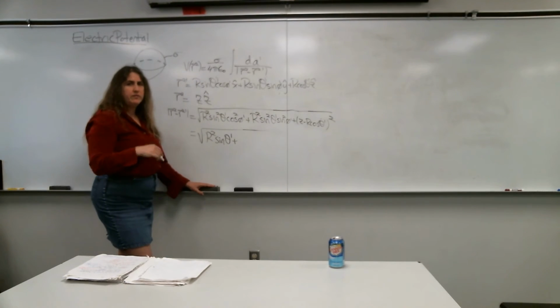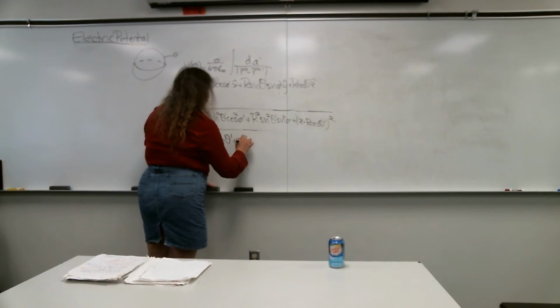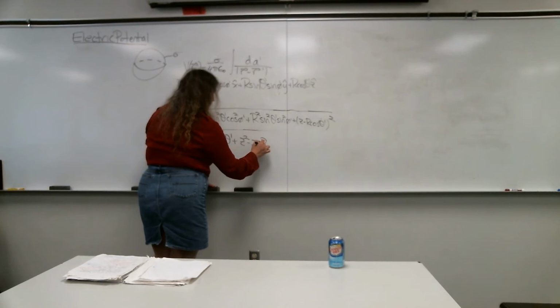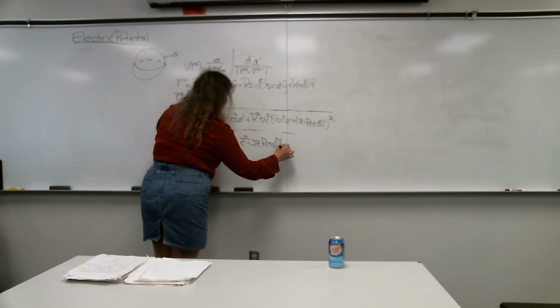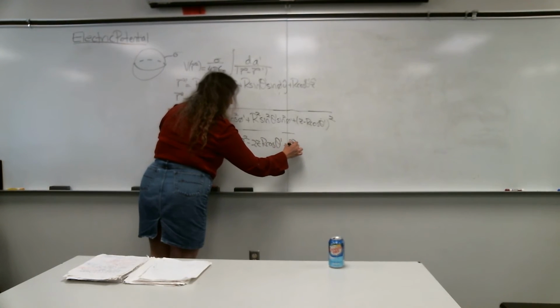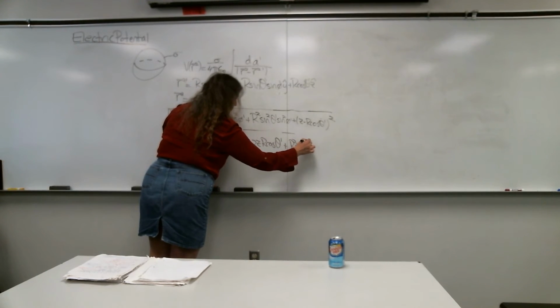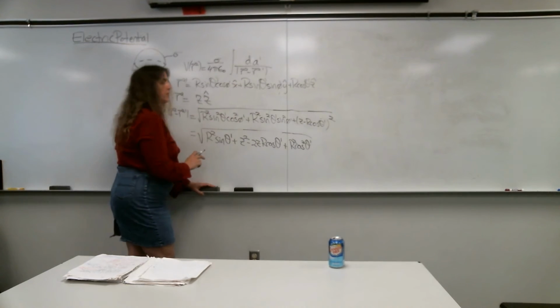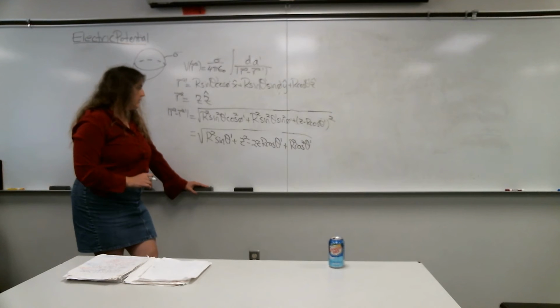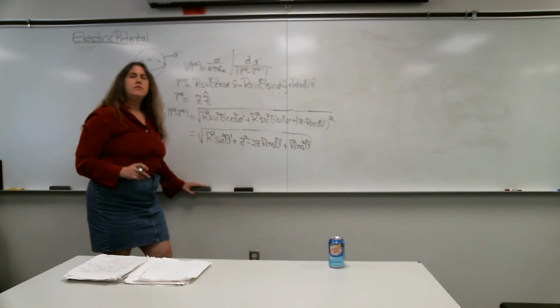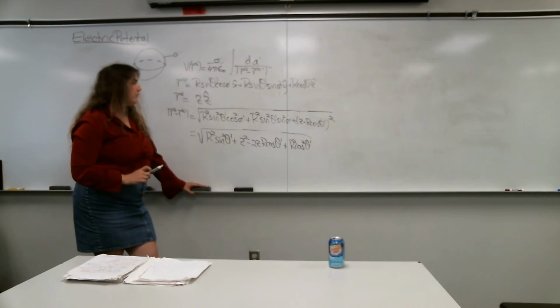And multiplying this second term out, notice my first term has a factor of r squared sine squared theta prime, and the last term is r squared cosine squared theta prime.